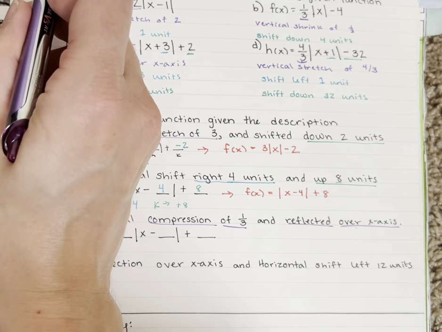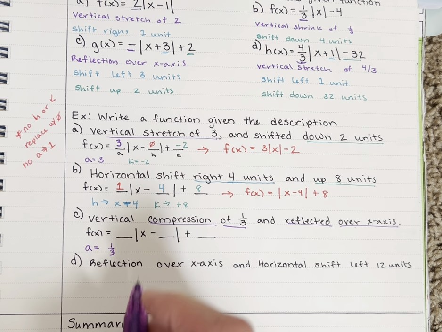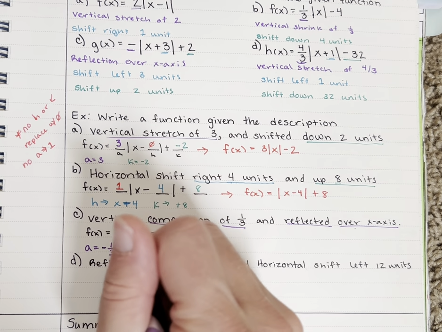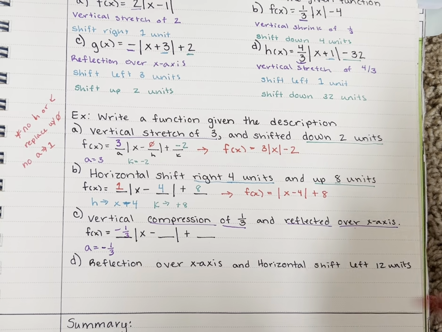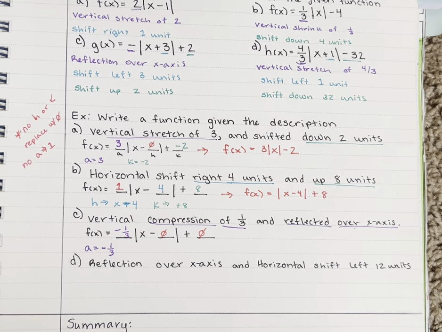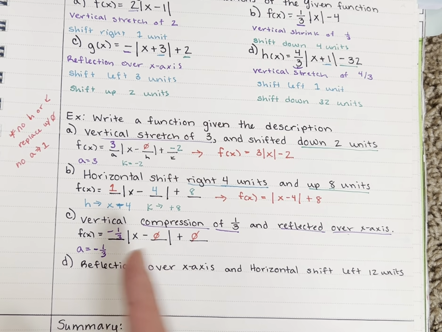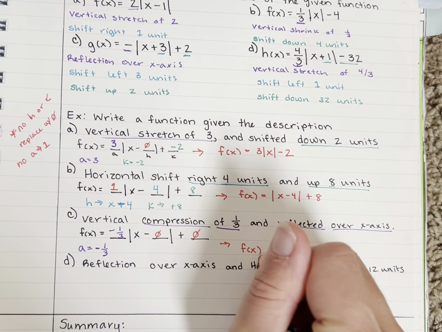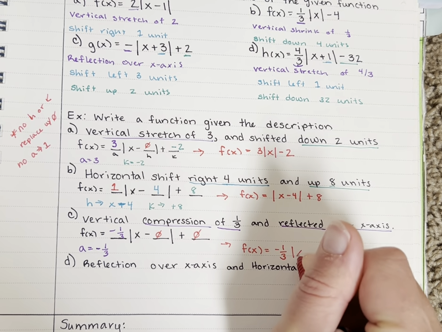So remember, if a was a negative number all the way up there, then it is a reflection. So this means that our a has to be negative 1/3. And that's actually the only thing that's happening to this equation. I don't have a horizontal shift and I don't have a vertical shift. So there's no h and there's no k. So my equation is just going to be f of x equals negative 1/3 absolute value of x.